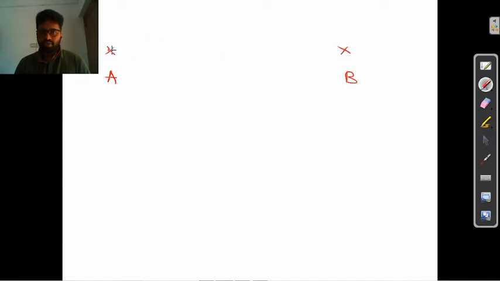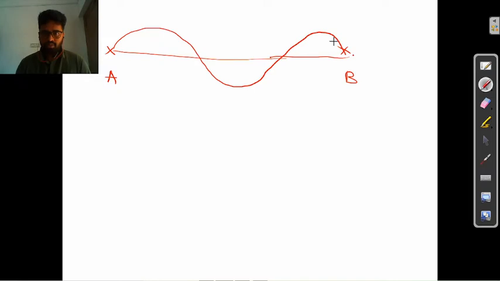And a stationary wave can be represented by a diagram similar to this. So this is a stationary wave.